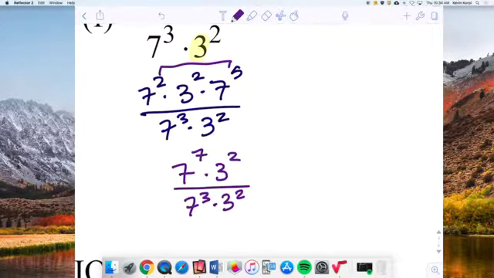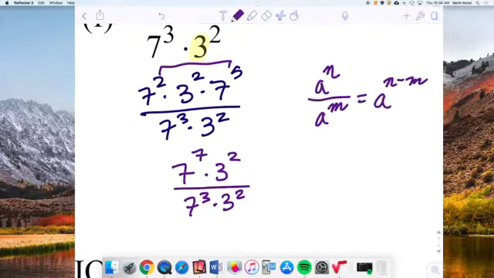Now, we're dividing. So here's the rule for division. A to the n divided by a to the m is equal to a to the n minus m. Good. So multiplication, we add the exponents. Division, we subtract. Numerator exponent minus denominator.